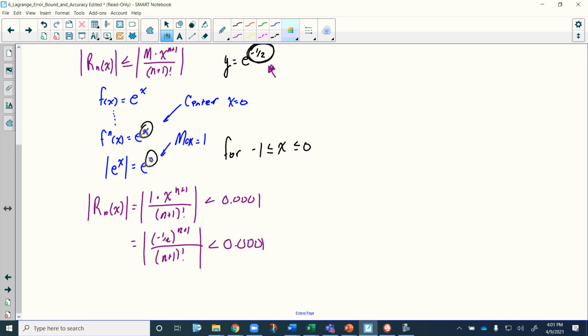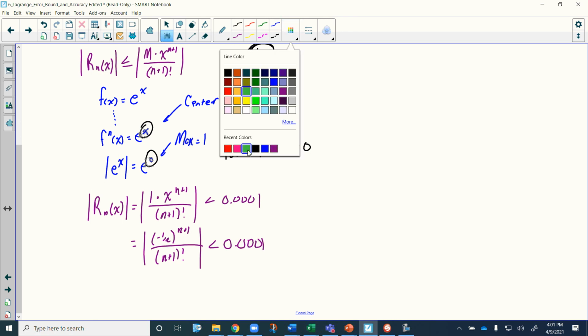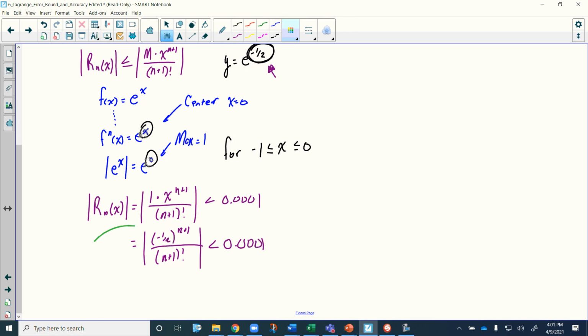Now, I'm looking at the negative sign, and I kind of went too far on the negative and covered up the negative sign. Because it's dealing with an absolute value, we're going to lose the negative because it's inside of an absolute value. So it really doesn't make a difference.